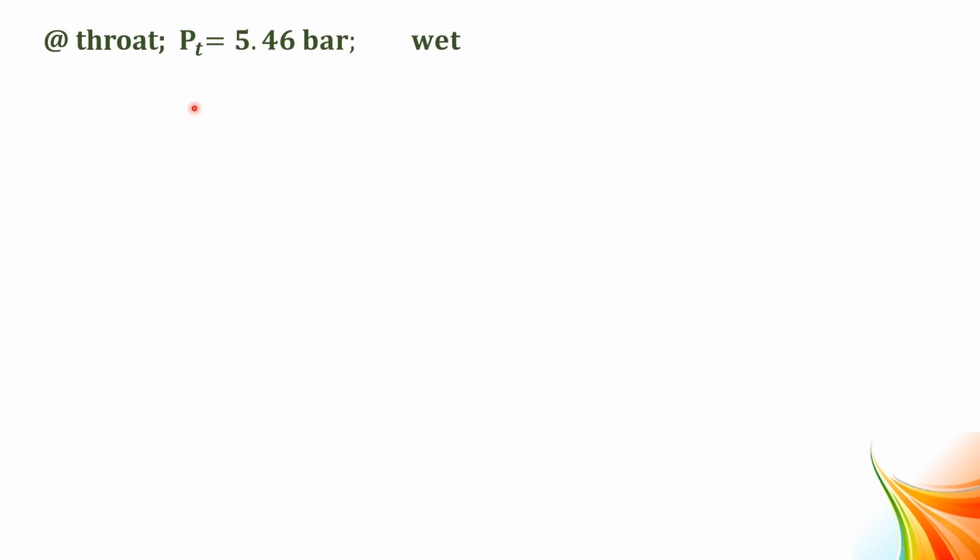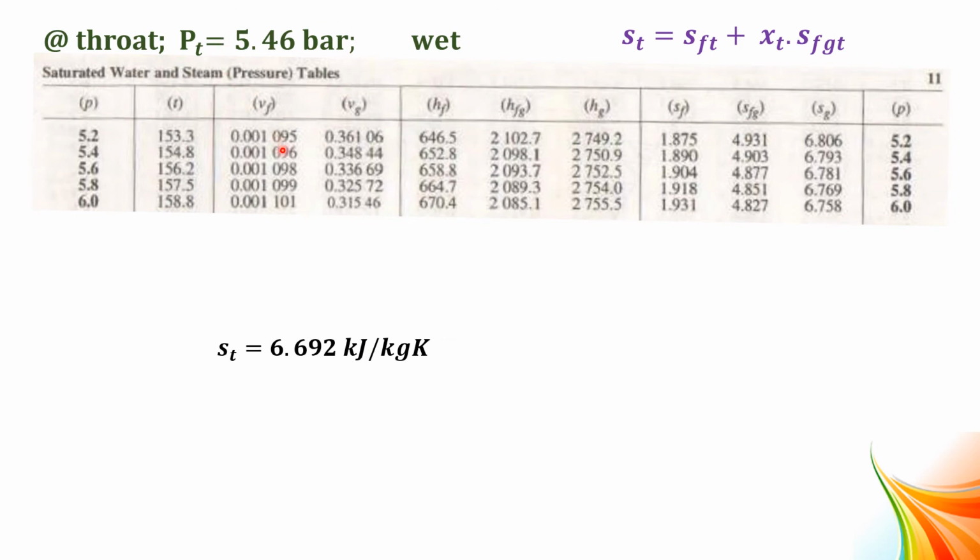Now at the throat section, the pressure equals 5.46 bar and the steam is in wet condition. So we have to find the quality of steam, Xt. We know the value of St, which is 6.692 kilojoule per kilogram Kelvin. We have to find the values of Sf and Sfg from the steam table corresponding to a pressure of 5.46 bar.